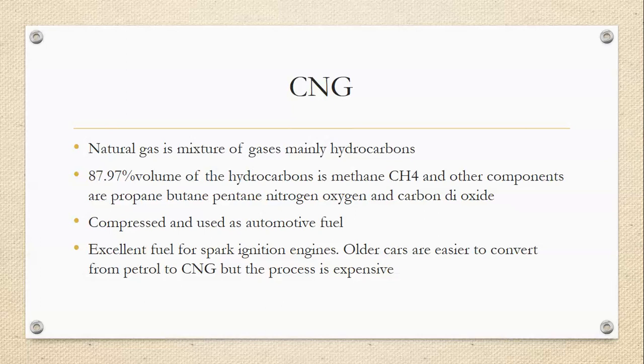This fuel is compressed and used as automotive fuel. This is an excellent fuel for spark ignition engine. Older cars are easier to convert from petrol to CNG, but on converting, the maintenance cost is more expensive.